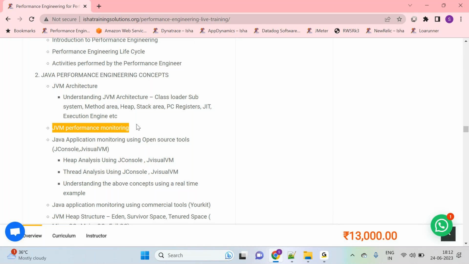All these things you can monitor inside the JVM. We are going to learn JVM monitoring, guys, what is happening inside the JVM.